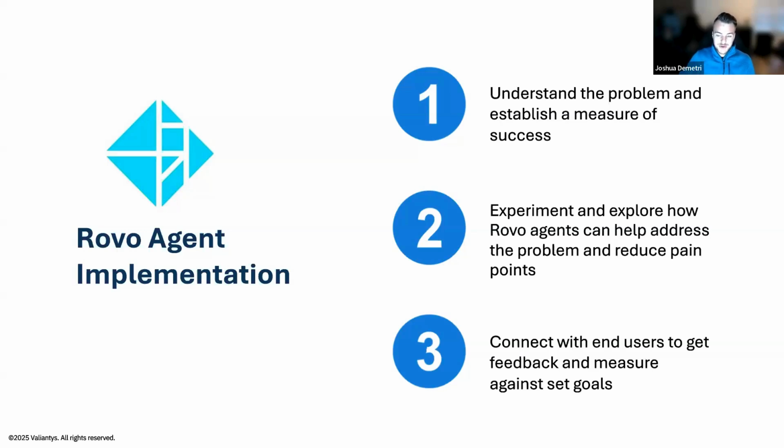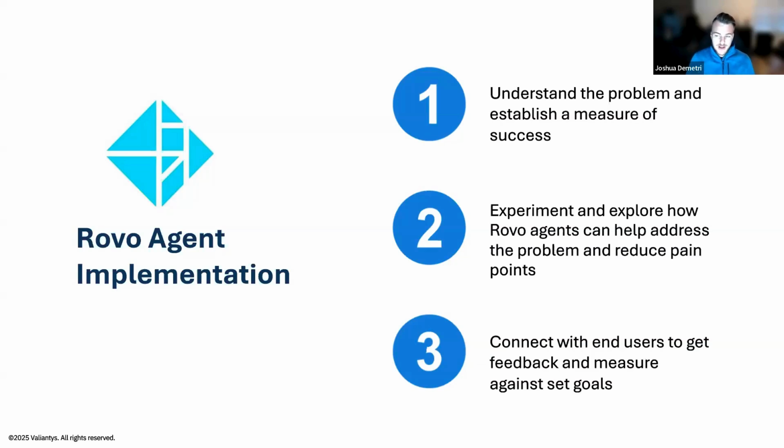The measure of success is going to be looking at metrics on how long it takes for tickets to be resolved in the project. So maybe at the end of this stage, once I build the agent, I'll be comparing the metrics from before and after the agent was implemented to understand, did I actually accomplish that measure of success? Did I actually succeed in solving the problem that we set in step 1?